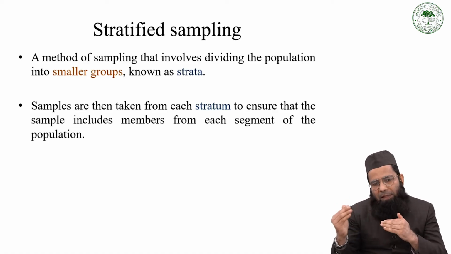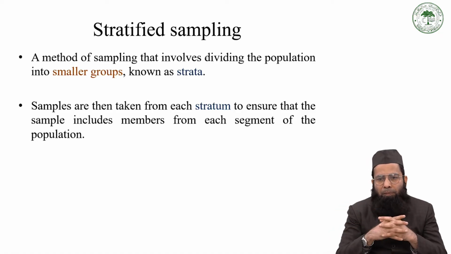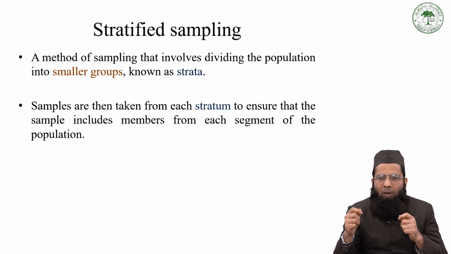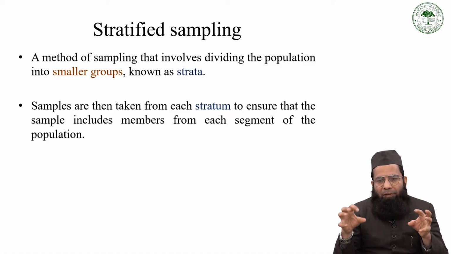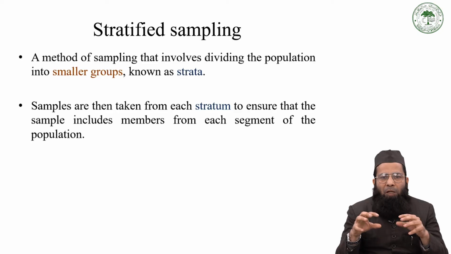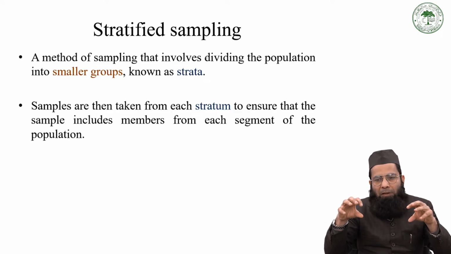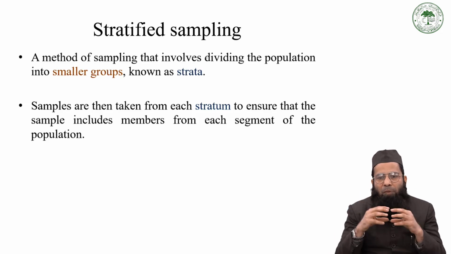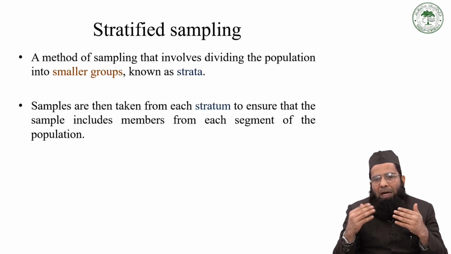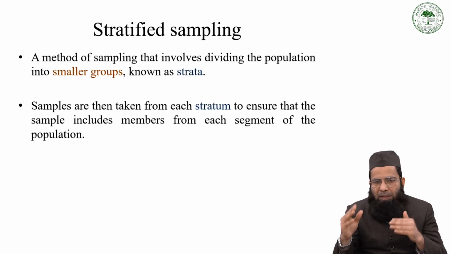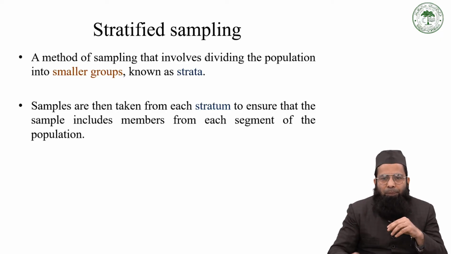In the previous random sampling, we were not considering different groups, but in stratified sampling, we are considering different groups, and from these groups, we are again performing the random sampling. So that is the stratified sampling.